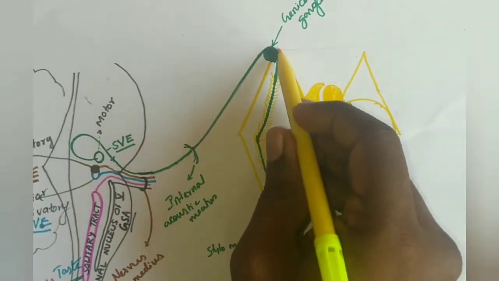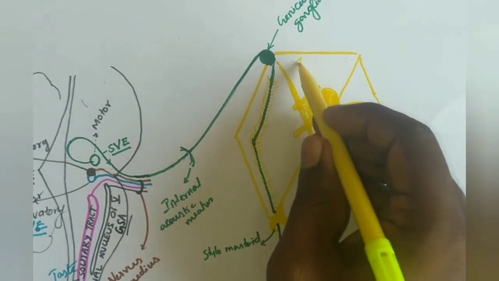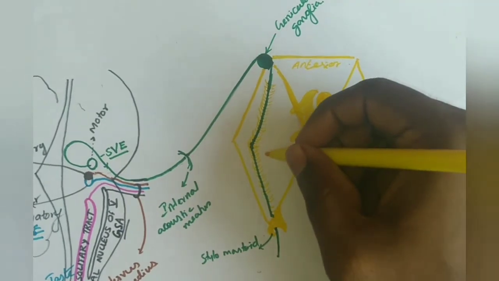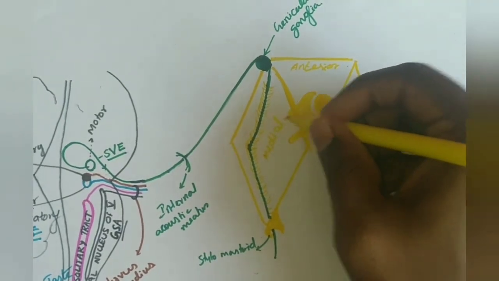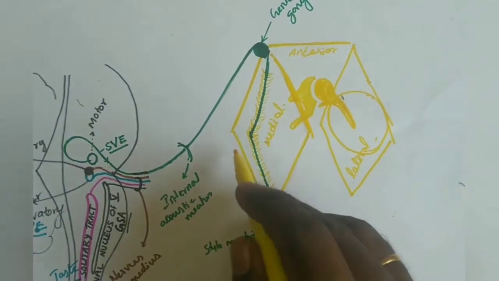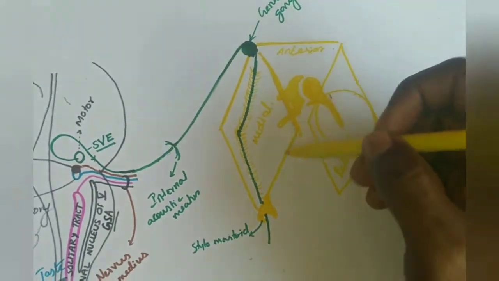Next, we will draw one more wall of the middle ear. This is the anterior wall. This is the medial wall. This is the lateral wall. So we have removed the posterior wall and the roof. Now you can understand this is the medial wall.